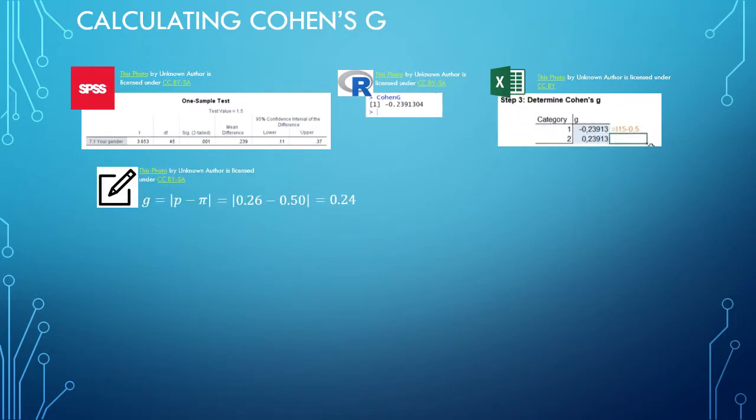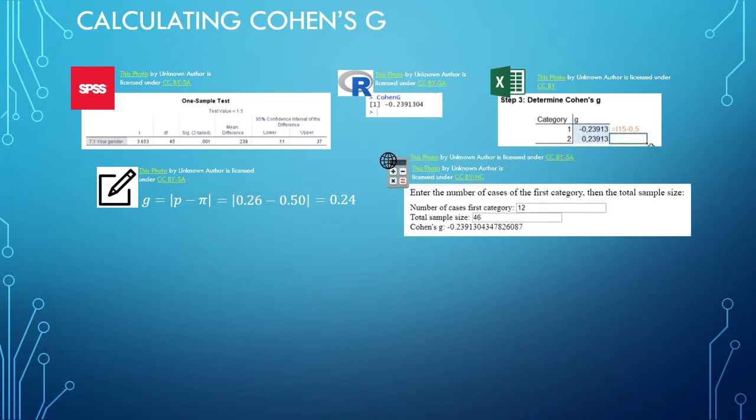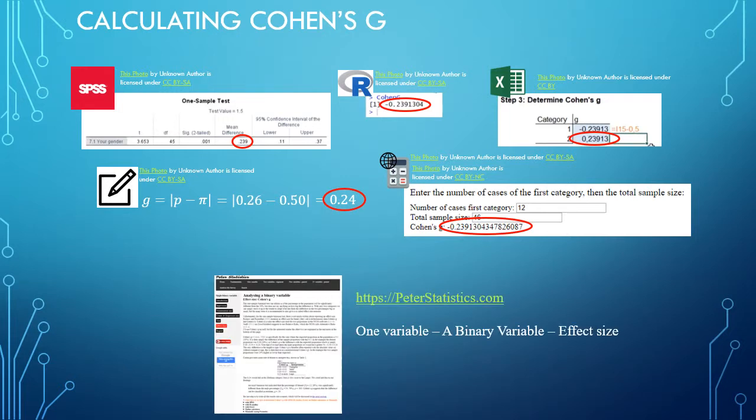Or you can do it by hand, fill out the simple formula, or you can use some online calculator and that will also give you Cohen's G. As you can see, all of these result in the same values. Some have a minus sign in front of it, depending on how you define Cohen's G, but usually it's the undirectional one that is of importance, which basically means to ignore any negative signs if you have them.